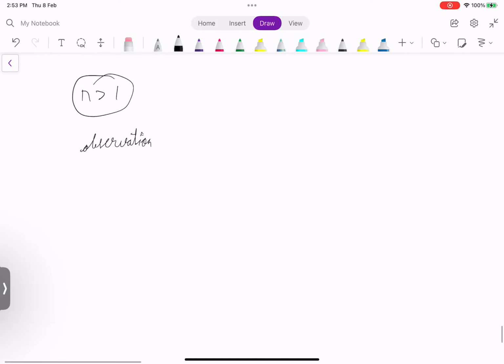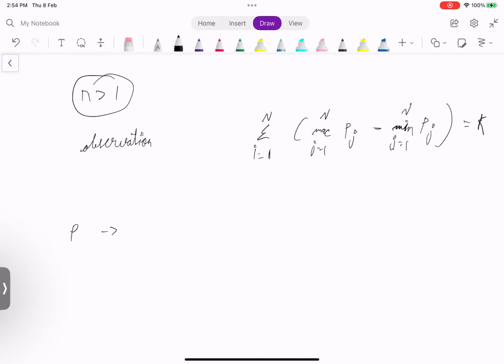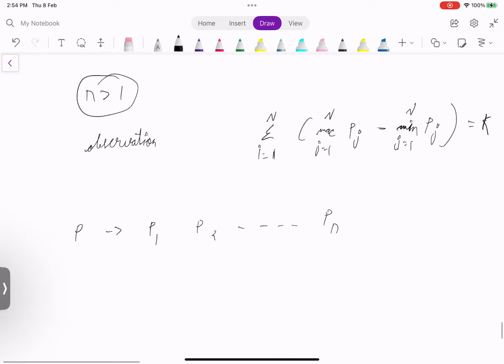The observation is, we have some permutation, and here let me write down the equality over here, from 1 to N. If we consider a permutation P1, P2, and so on to Pn, then my claim is that for the whole permutation, maximum of Pj minus minimum of Pj will always result in n-1.